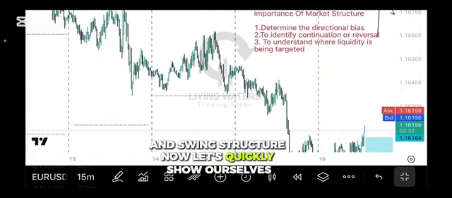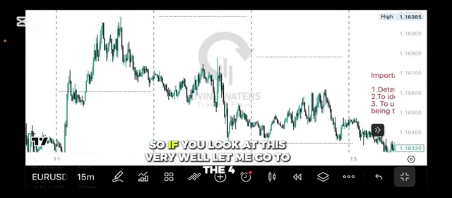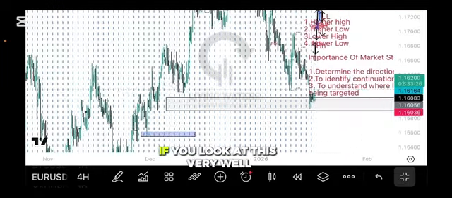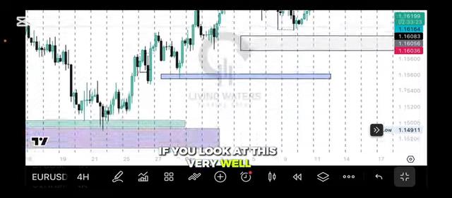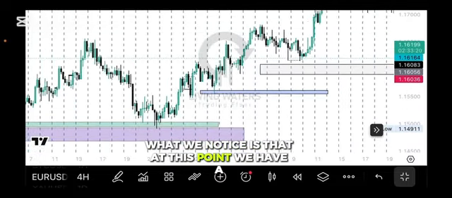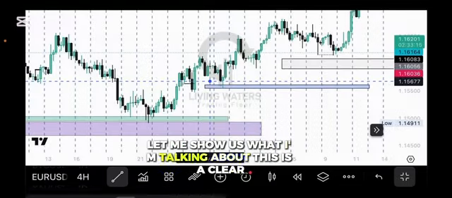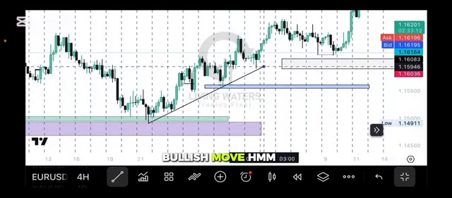Now let's quickly show this on chart. Let me go to the 4-hour time frame. If you look at this very well, at this point we have a bullish momentum. This is a clear bullish move.